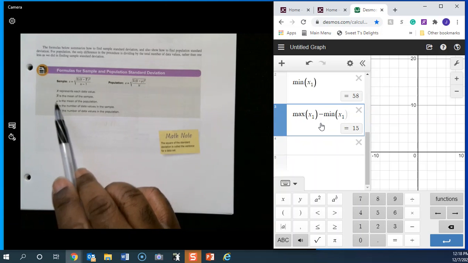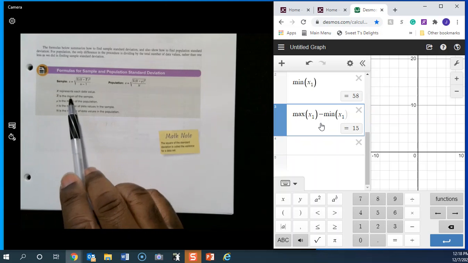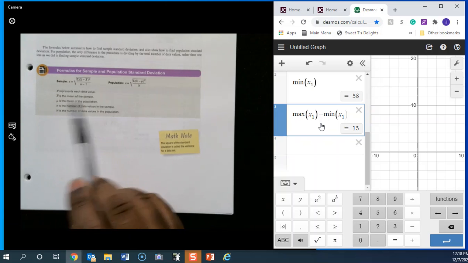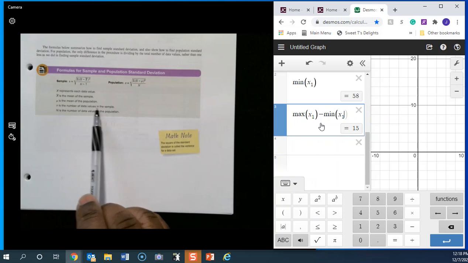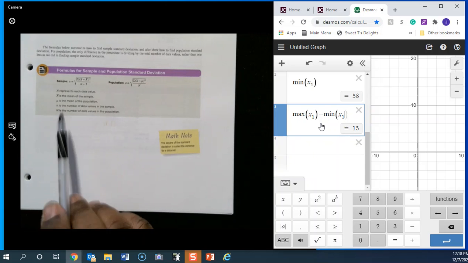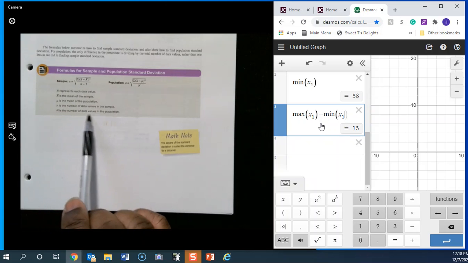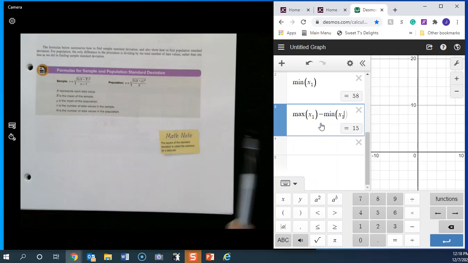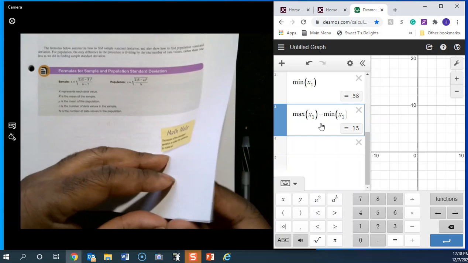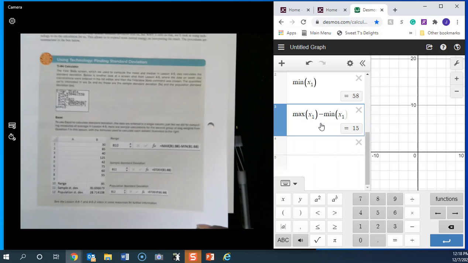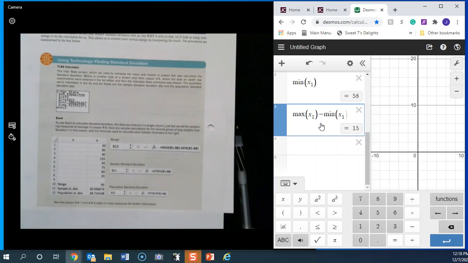So these two basically mean the same, it's just that one is for the sample and the other is for the population. Lowercase n is the number of data values in the sample, and uppercase N is the number of data values in the population. So there are some slight differences, but we get the gist of it. So now, we flip over here to the back.